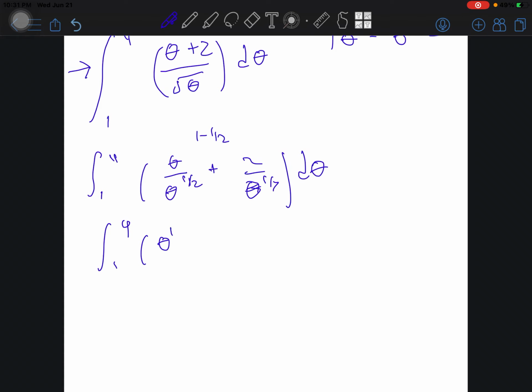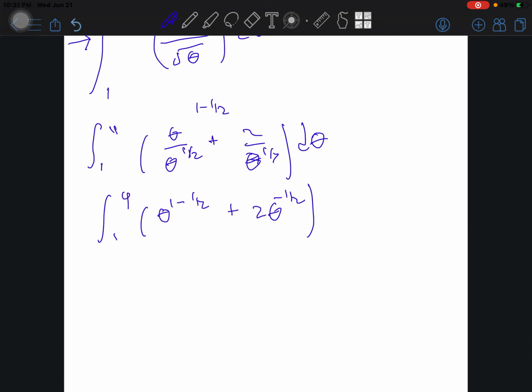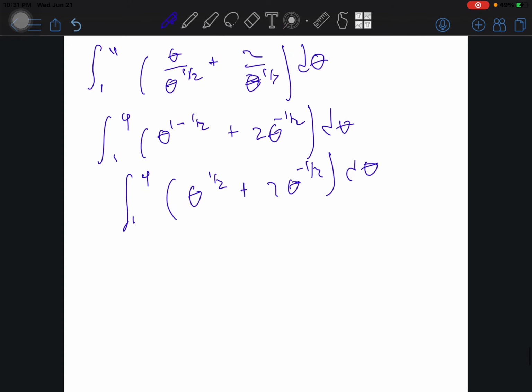So we're going to get theta power 1 over 2 based on your indices, plus 2 theta power negative 1 over 2. And at the end of the day, you are going to get the integral from 1 to 4 of theta power 1 over 2 plus 2 theta power negative 1 over 2, d theta.